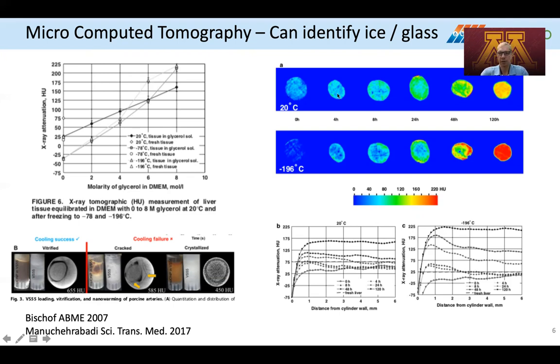We can see that over here in terms of looking at liver that's being loaded with 6 to 8 molar glycerol over a long period of time, and then what happens when you put it into liquid nitrogen. You can see, at the highest concentrations, the whole thing here is vitrifying. And here's your scale for the high concentration. Over here, you can see that's the highest Hounsfield unit that we have on the calibration.